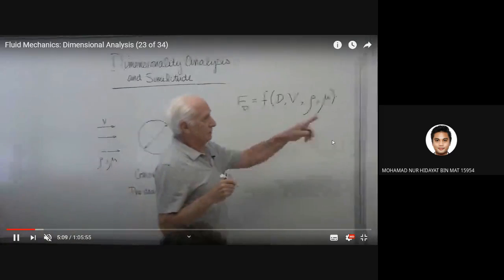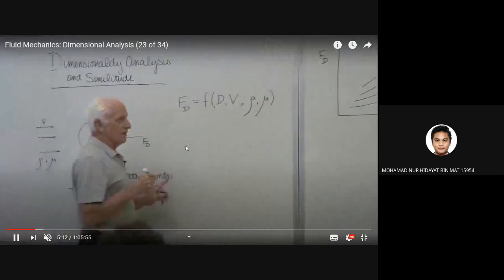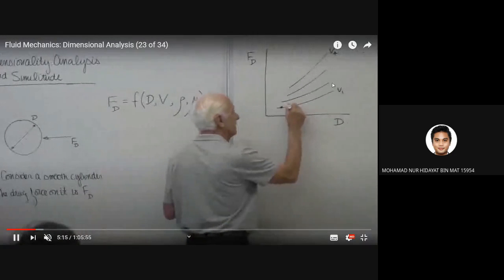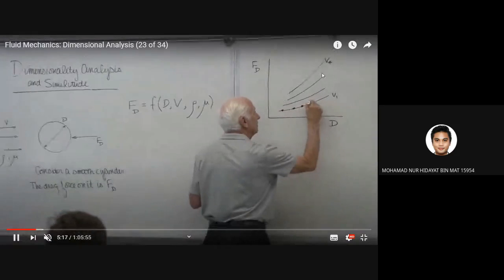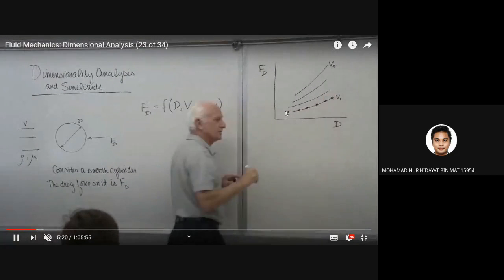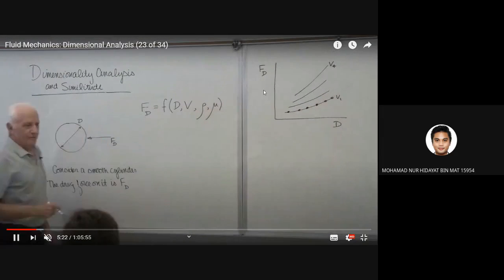The velocities that they use are, for example, 1 meter, 2 meter, 3 meter, 4 meter, 5 meter per second. All right, different velocity will have different results of the drag force.